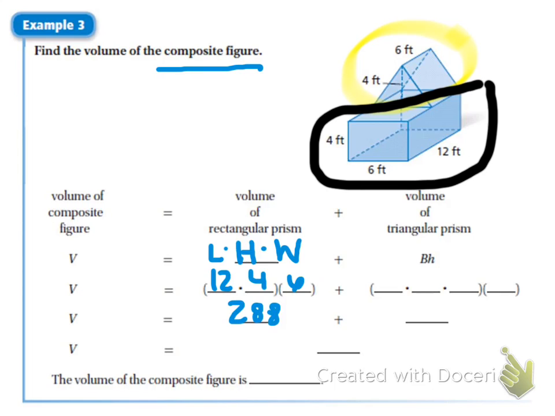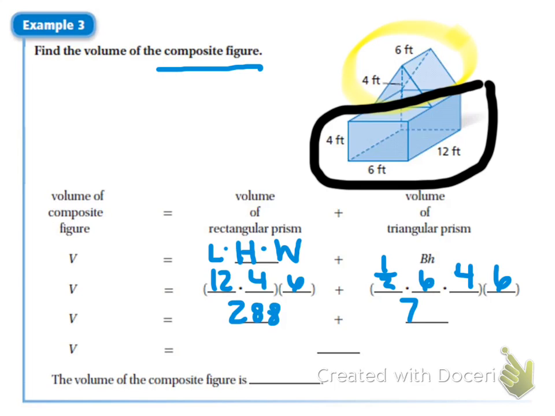Okay, let's look at the triangular prism. That's base times height. So if we know that the base is 1/2 times 6 times 4, and 6 is the height, that's 1/2 times 6 times 4 times 6. Brandon?